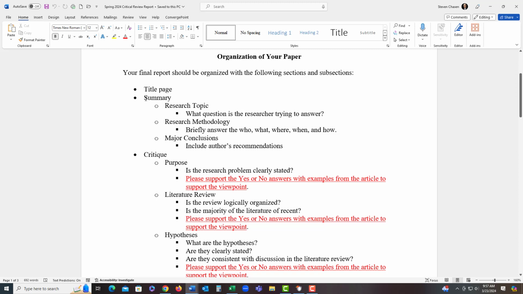Your first big section is the summary. In a page and a half, you're just telling the reader what the article is about. Answer these questions, and remember, when you answer the questions, you have to use complete sentences and paragraphs. In the past, some have just written one incomplete sentence, or just one sentence, and dropped it from there. You have to write more than that. This is graduate level now.